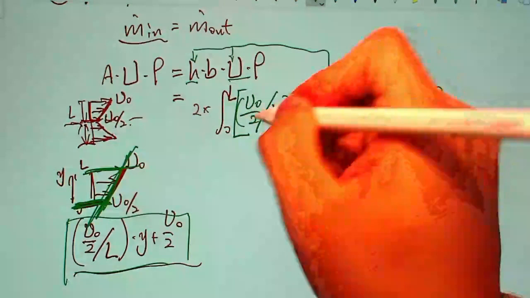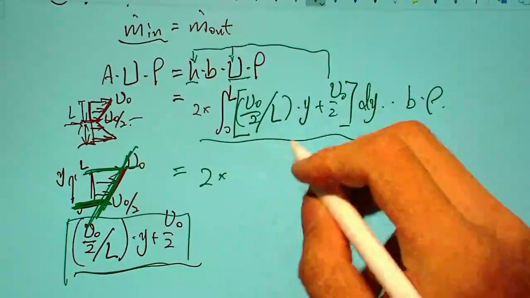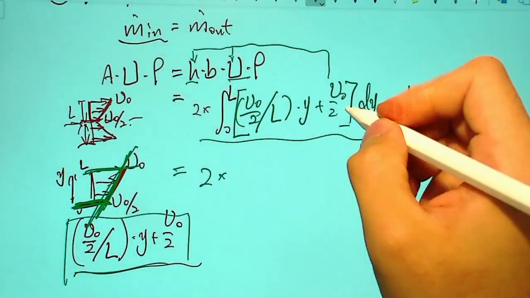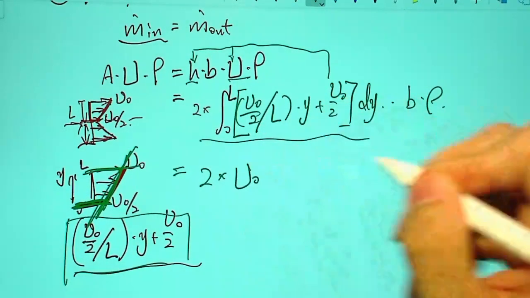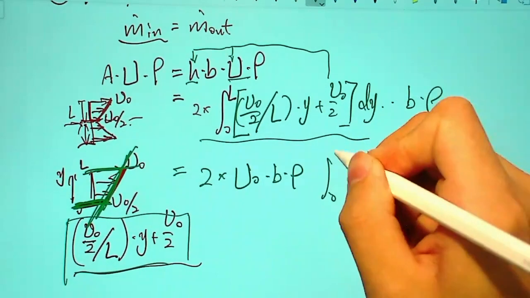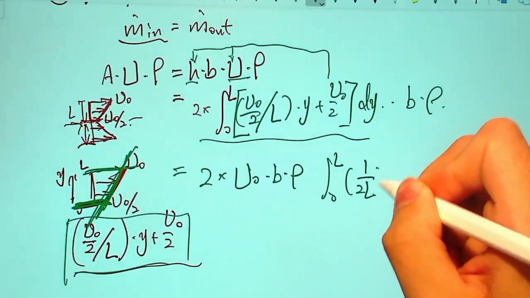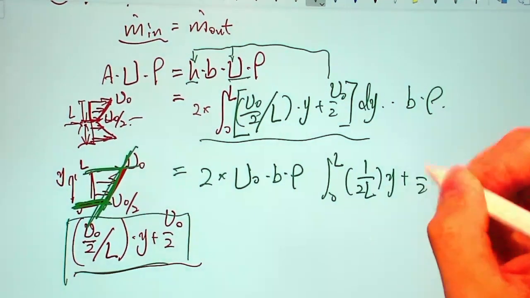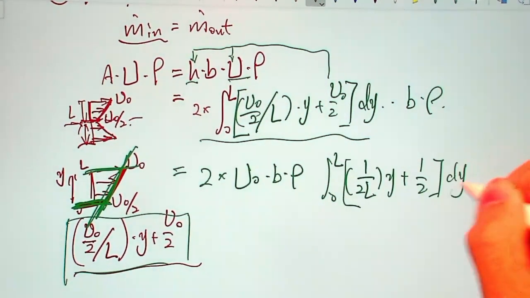Then we need to do the integration, which is pretty straightforward. We can take U0 out, so it's 2 times U0 times B times density, times the integral from 0 to L of (1 over 2L times Y plus 1 over 2) dY.